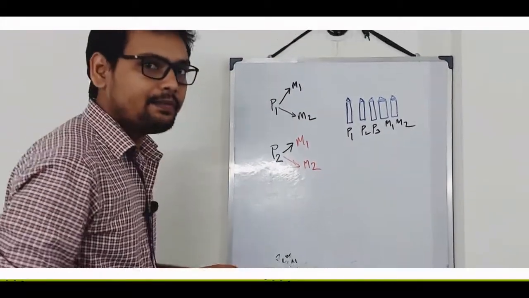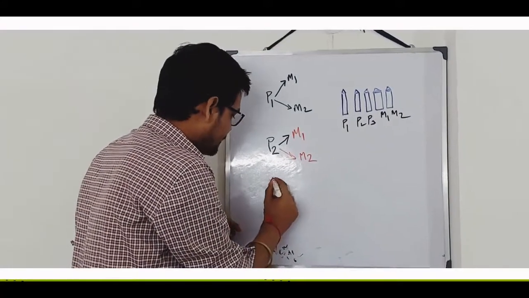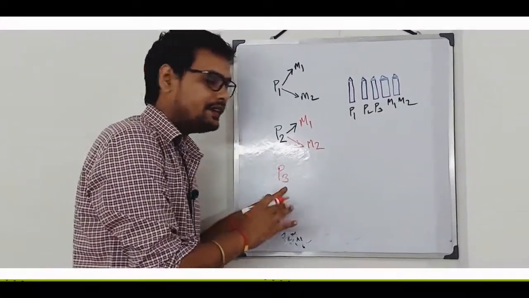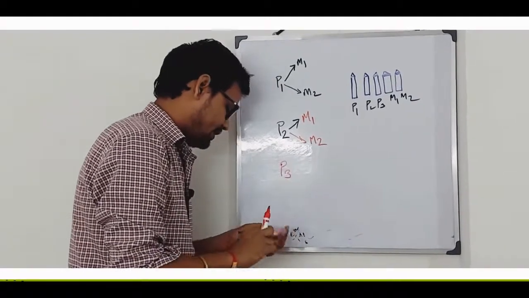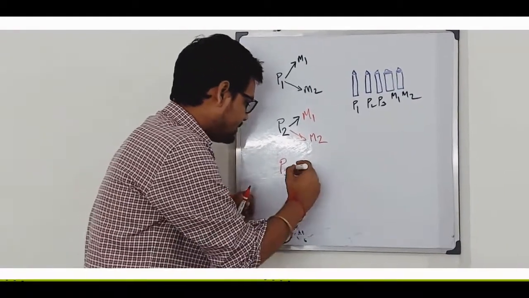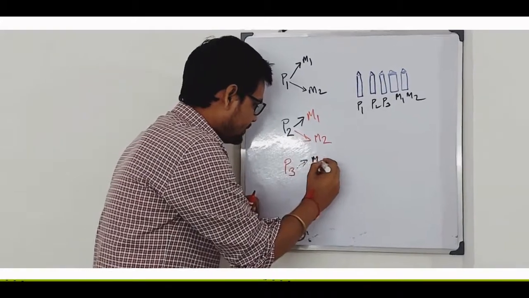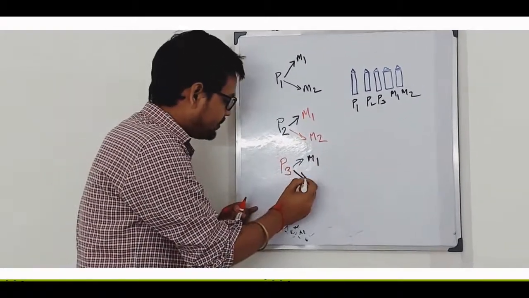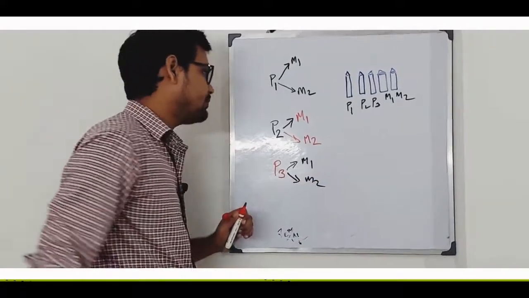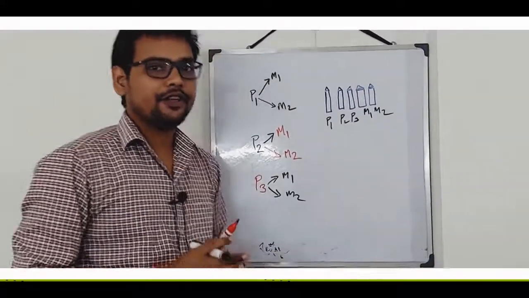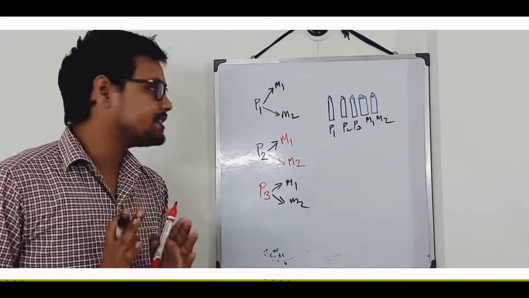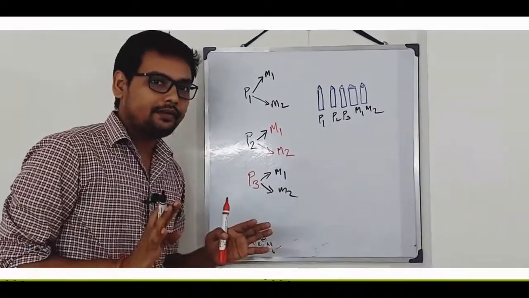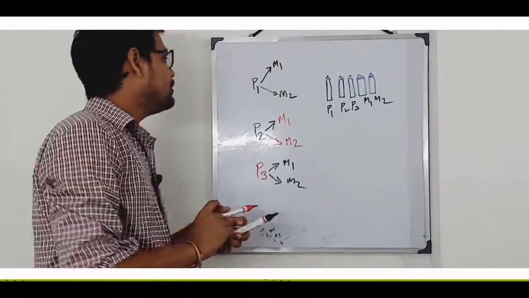And similarly, one can pick the pen P3, and after picking the pen P3, he or she may pick marker M1 or marker M2. In all, you can see that there are 6 ways one can pick a pen and a marker. So what are the 6 ways?